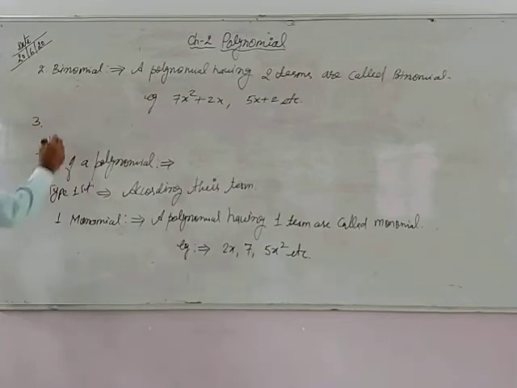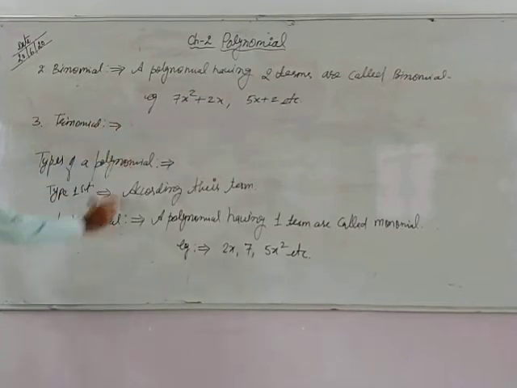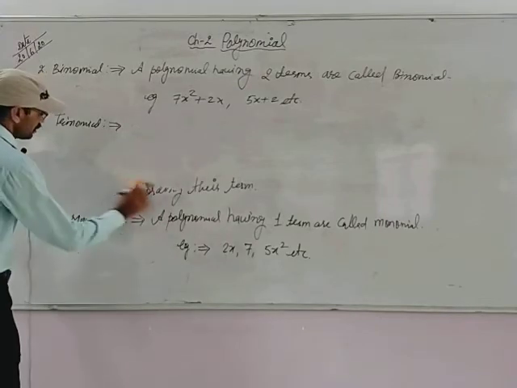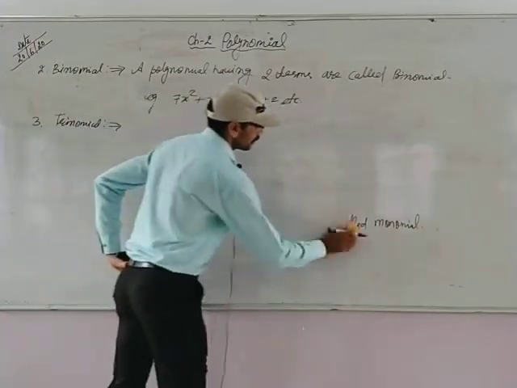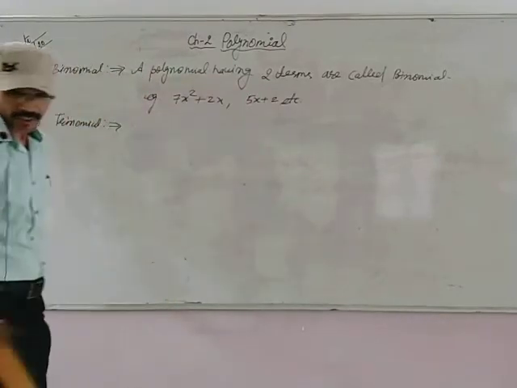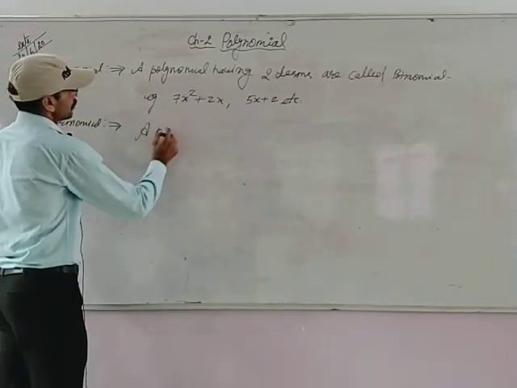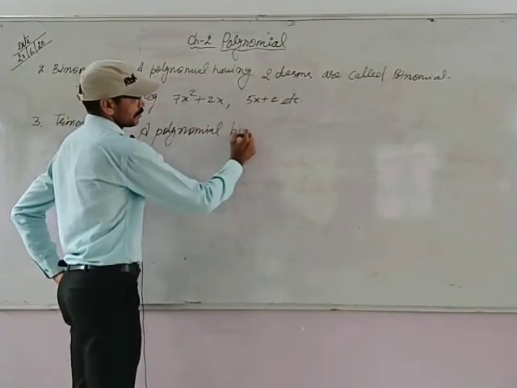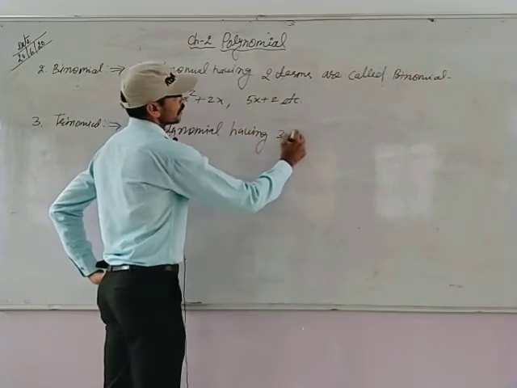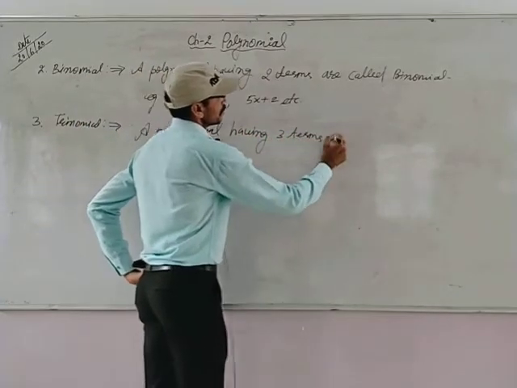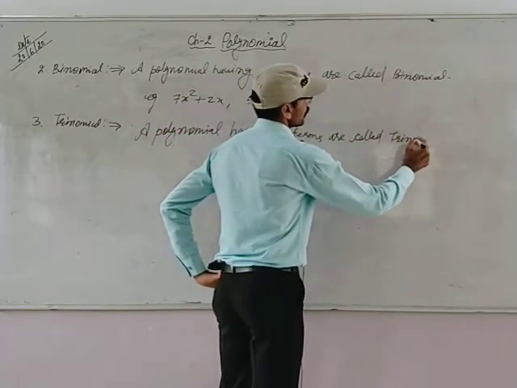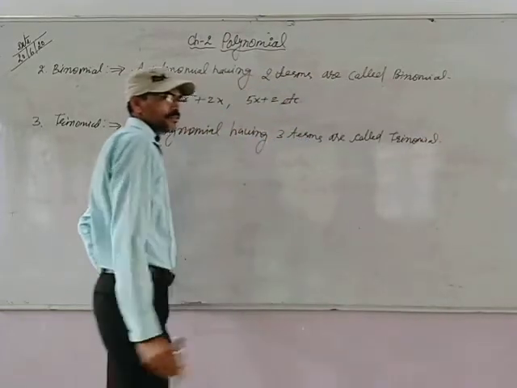Number 3, trinomial. The name shows trinomial. A polynomial having three terms is called a trinomial.